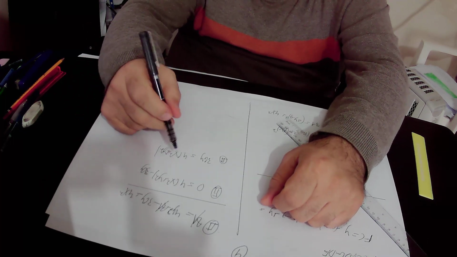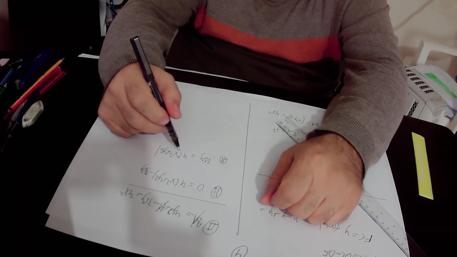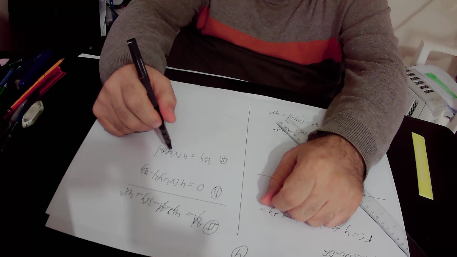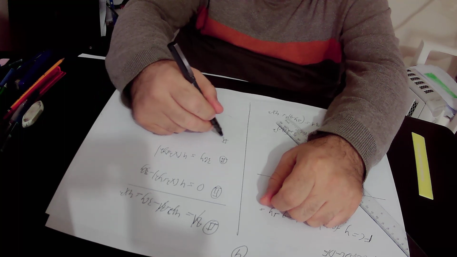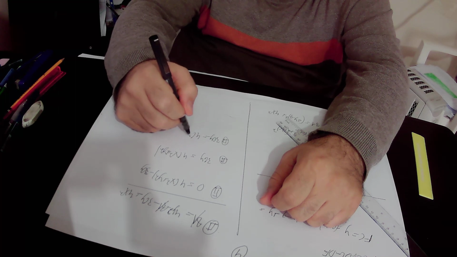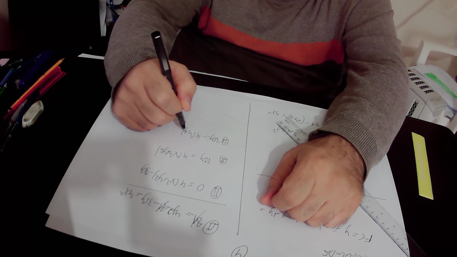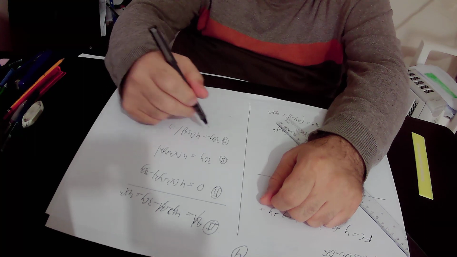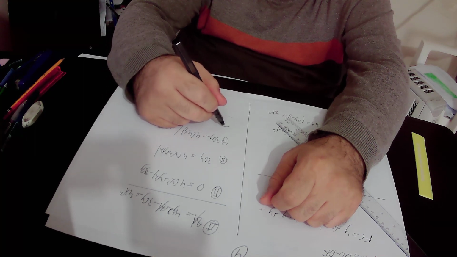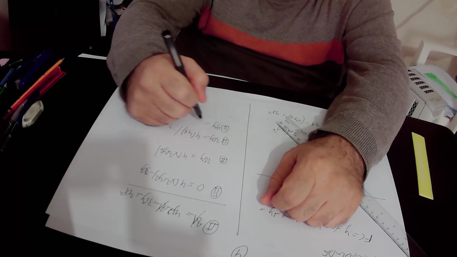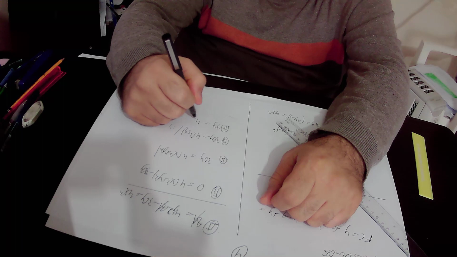According to equation number 1, x squared plus y squared is 49, so we substitute x squared plus y squared by 49 in this equation, and we get that 36y equals 4 times 49. We divide the equation by 4 and we get that 36 over 4 is 9, so 9y equals 49.